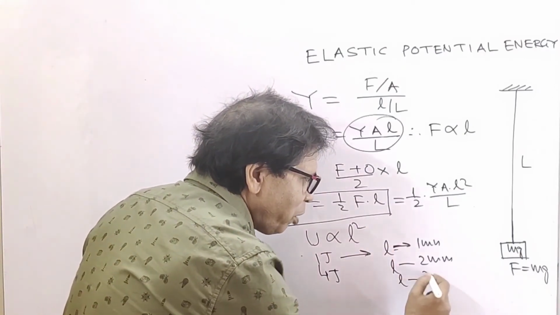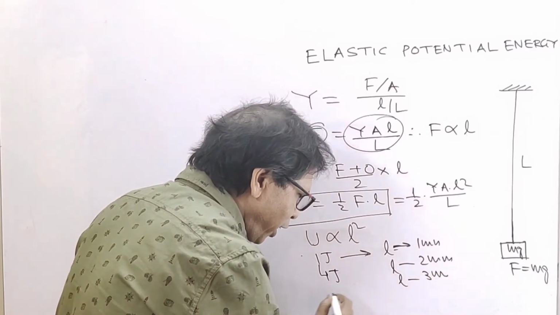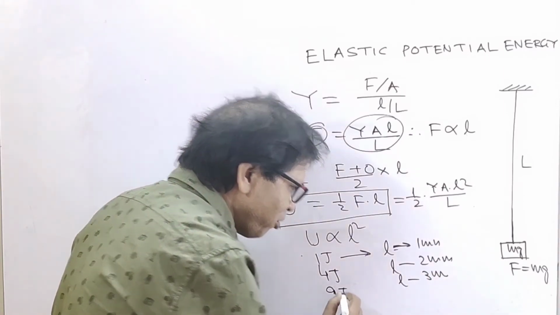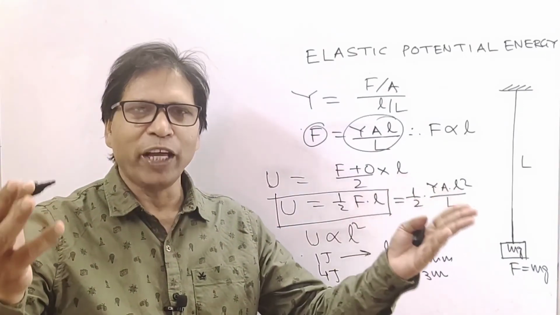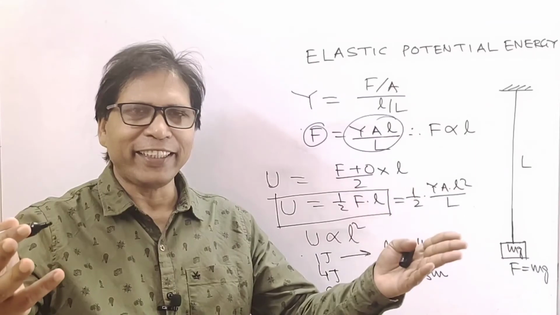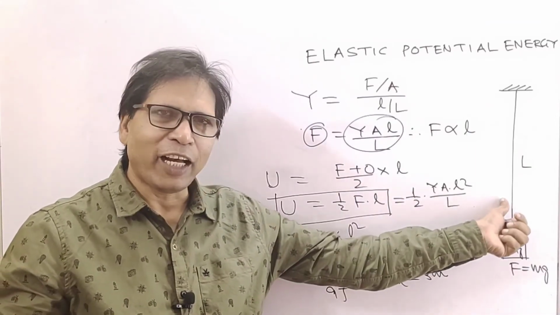For an increment of 3 millimeter, the potential energy is 9 joule. Okay, understood?